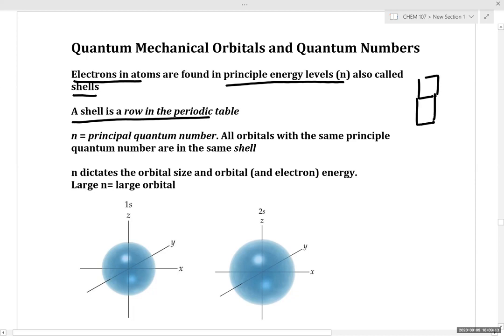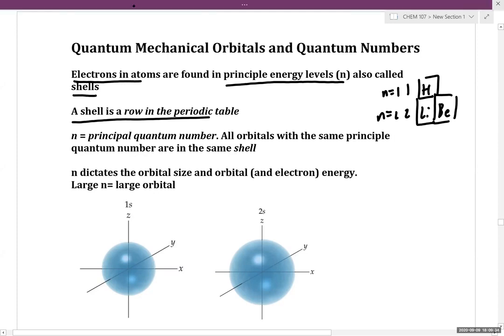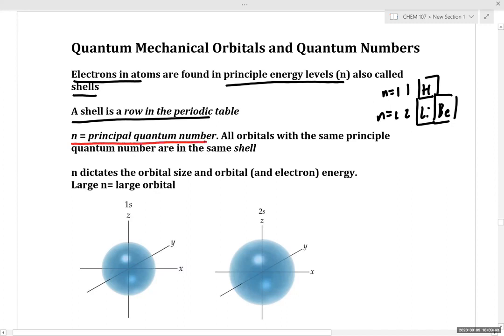If we look at our periodic table, the first row is n equals 1, the second row is n equals 2. So we already have a direct link between the periodic table that we're oh so familiar with and these n values, which are integral to the quantum model. The n, just like before, is the principal quantum number.